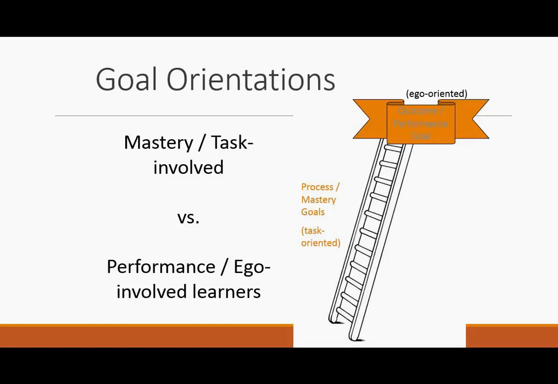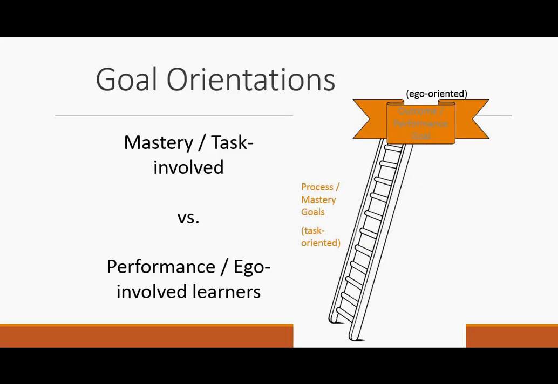And we have that choice a lot as we're learning. There are ways to get around actually learning the material. And sometimes it's faster, and sometimes it's easier, and you can still get the same grade. But as we approach a goal, say it's a test, say it's biology, we have the choice of being mastery oriented or performance oriented.